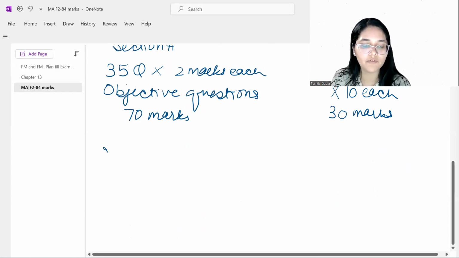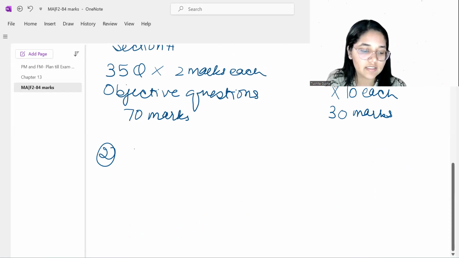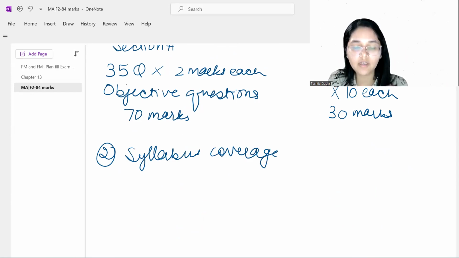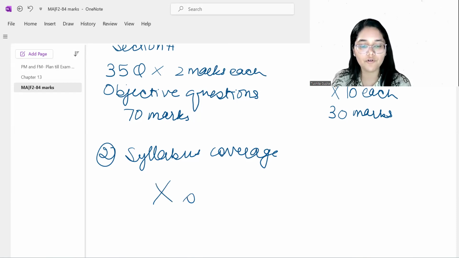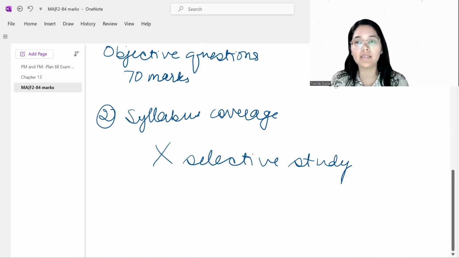Now the second thing which you should know and pay heed to is your syllabus coverage. When you're covering your syllabus, make sure that you are not going for selective study. Make sure that you are studying all syllabus areas, no matter how small or big or difficult or easy they are. Selective study is a big no-no. This is your base time, where you are building your base for future papers.